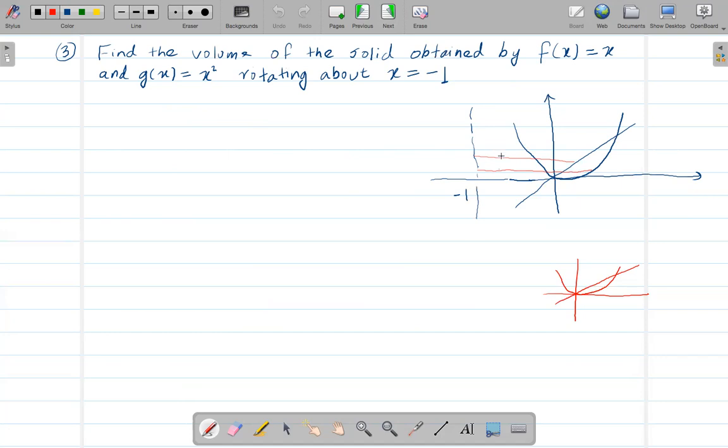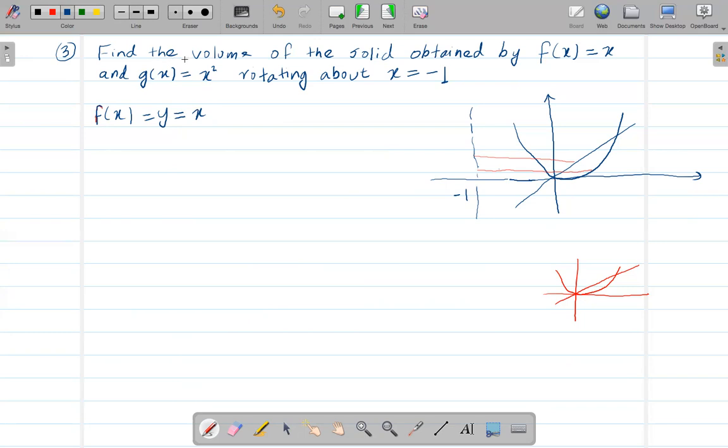So when you're rotating about a vertical line, you have to convert this like we did in the last video. So f of x, we can say this is also y equals x. Basically we have to change this to x equals something, but since we already have x equals y, we wouldn't have to do anything with this one.